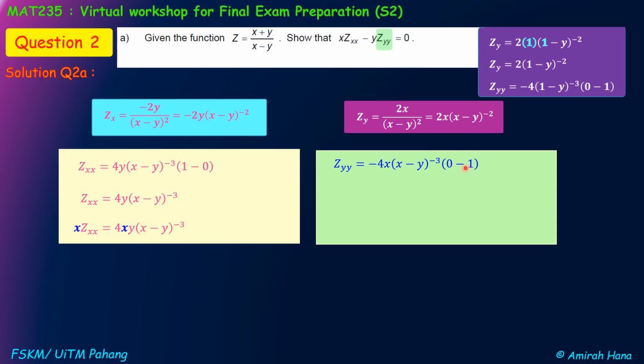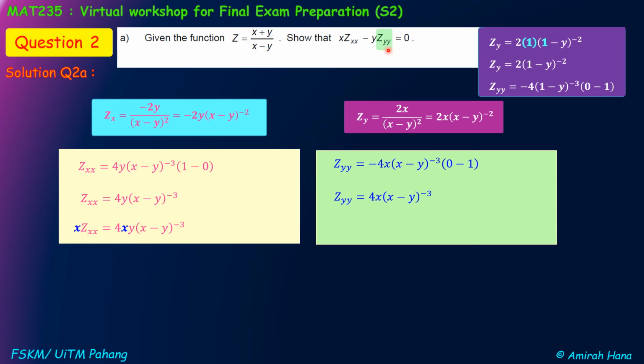Okay, and then after we simplify, we have zyy equals to, this is negative 1 times negative 4x, so we have positive 4x, and then bracket x minus y to the power of negative 3, right?